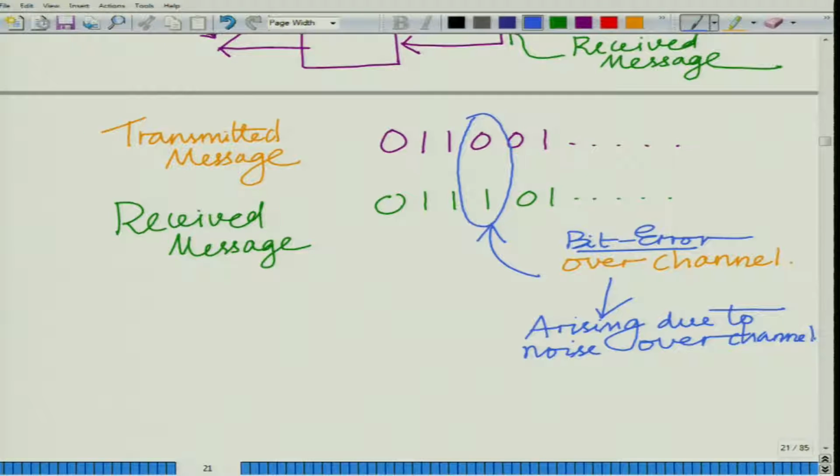So we need to be able to correct such errors which arise over the channel, because we are transmitting a stream of digital bits which constitute the digital message.